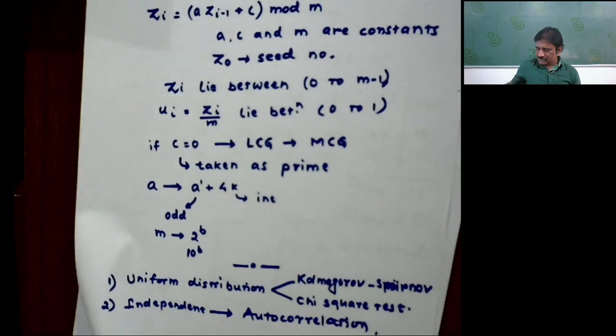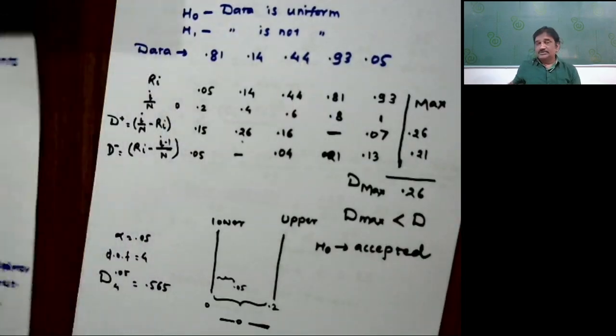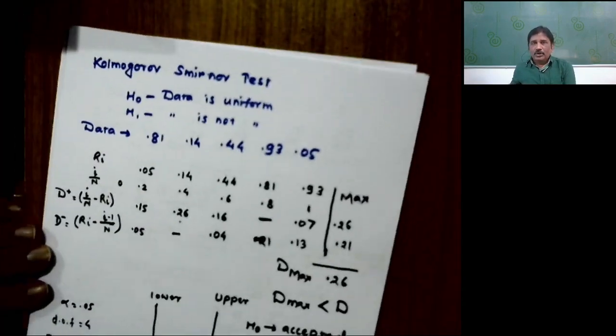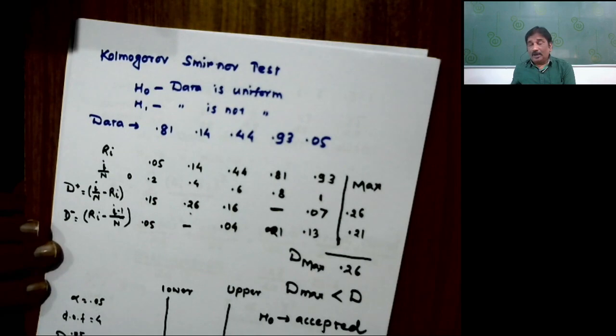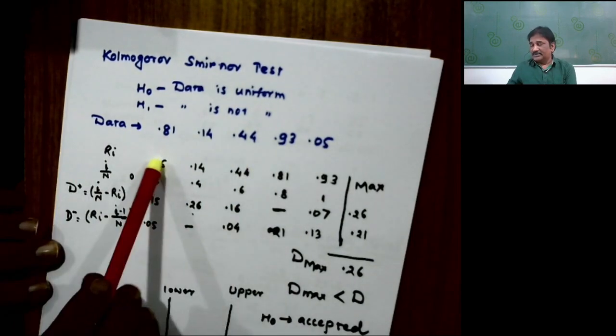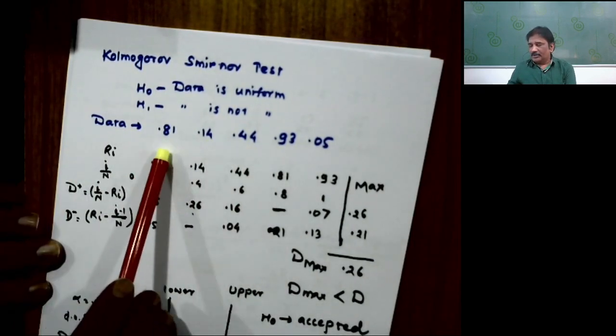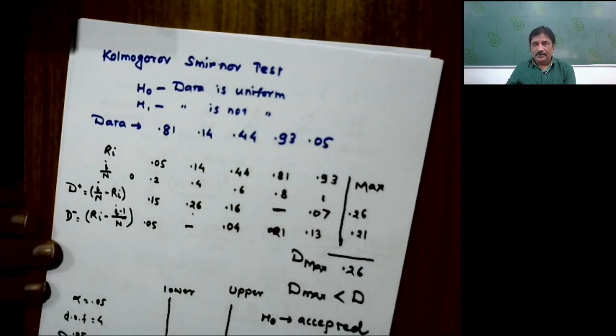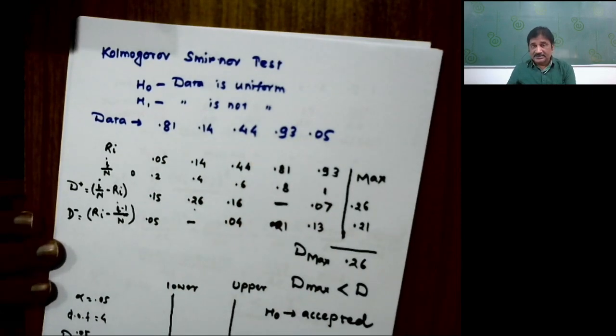Our first problem is to test whether the numbers given, these 5 numbers given to you, 0.81, 0.14, 0.44, 0.93 and 0.05, are random or not.